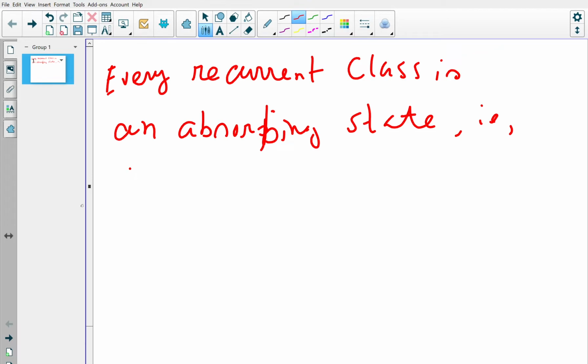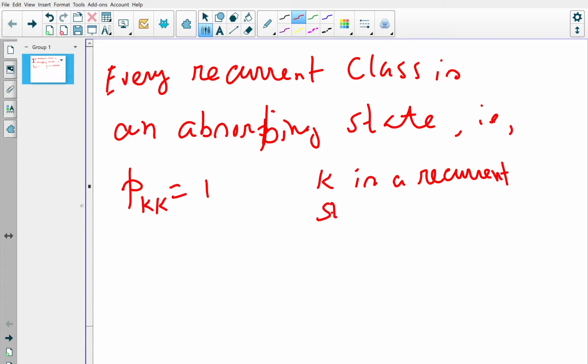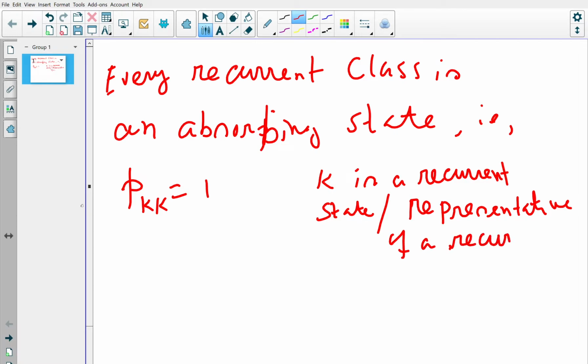That means if you are inside k, the probability of staying is 1, where k is a recurrent state, or a single state, or a representative of a recurrent class.